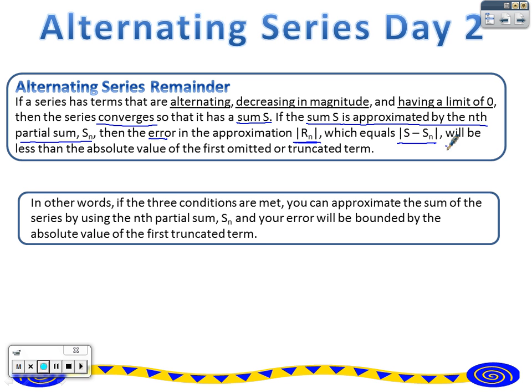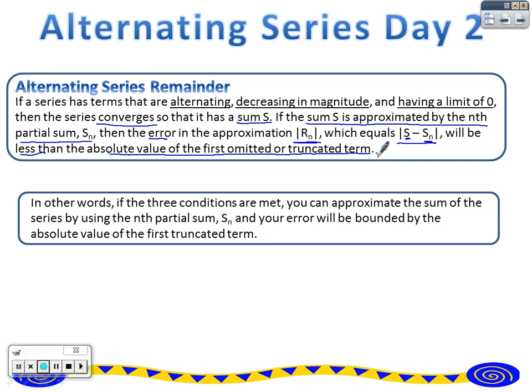S minus, so S stands for the actual, real sum, minus our approximate sum, S sub n, however many terms we added up, is going to be less than the absolute value of the first omitted or truncated term. Okay, let me translate that into regular words.